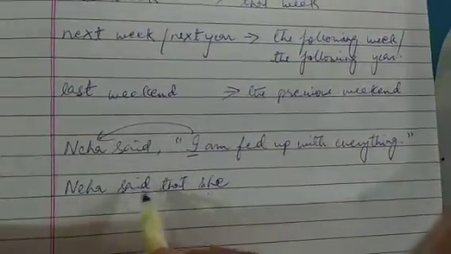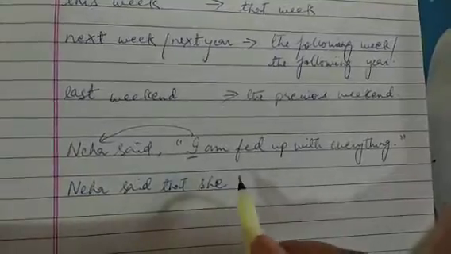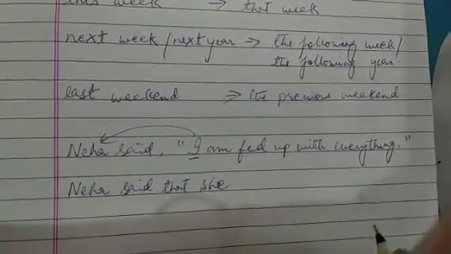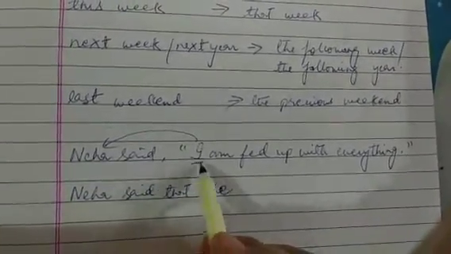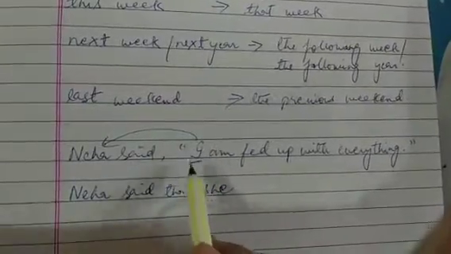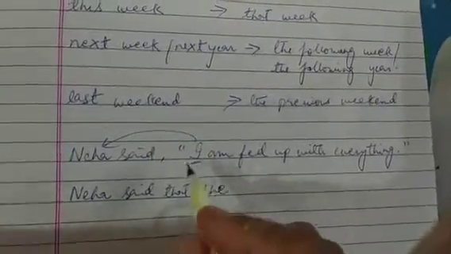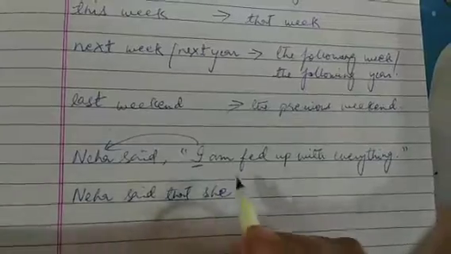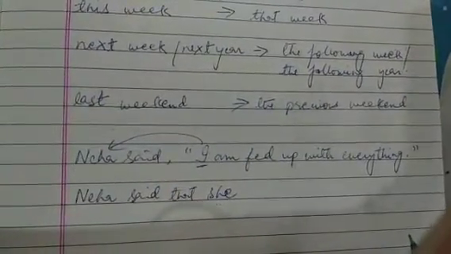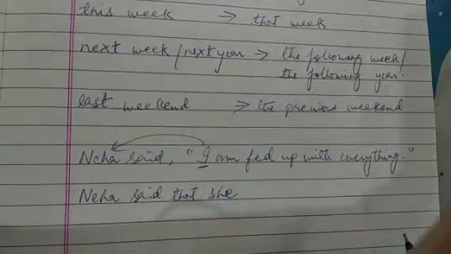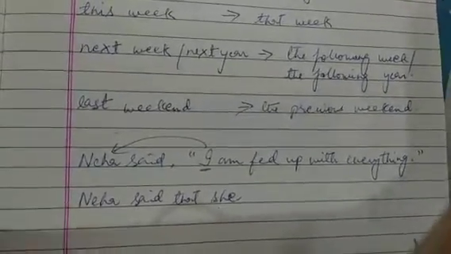So if you write Neha said that I am fed up or I was fed up, then it will be completely incorrect. You have to take care to change these pronouns for what they are meant for when we are converting the sentence into indirect speech.